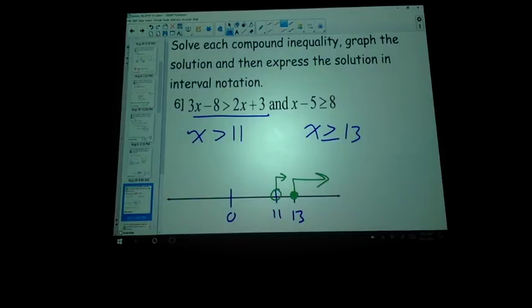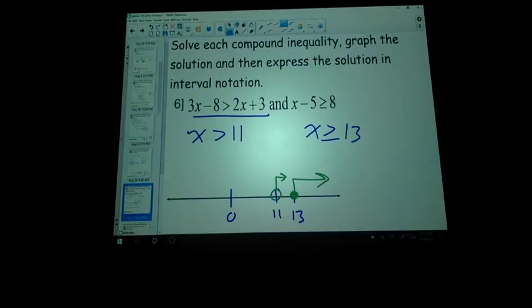So if I were to make a statement, my friend Matt and I went to the store, did we both go to the store? Yes. Does that make sense? If I said my friend Matt or I went to the store, did we both go to the store? No, one of us or the other. So the and is important.